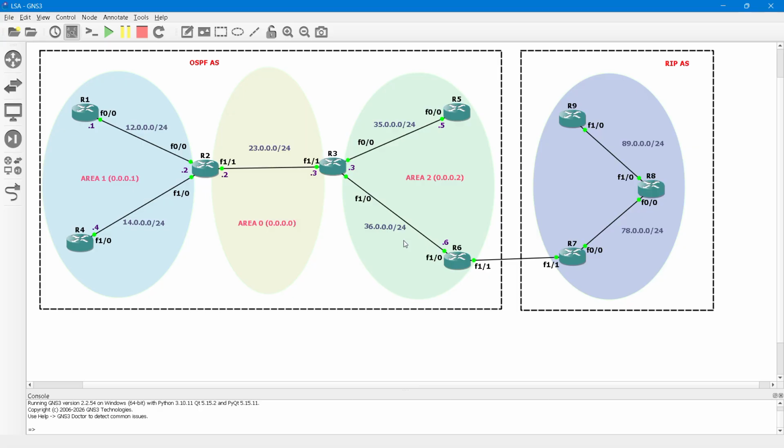Now when I connect this, something will happen. Now what is that something?